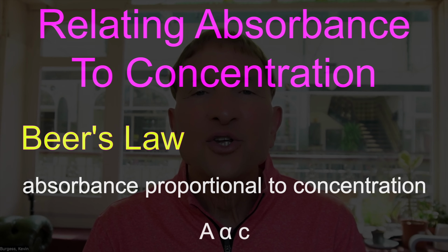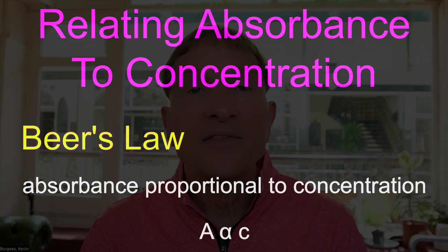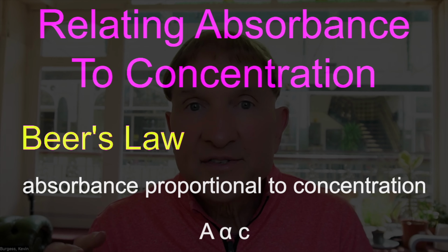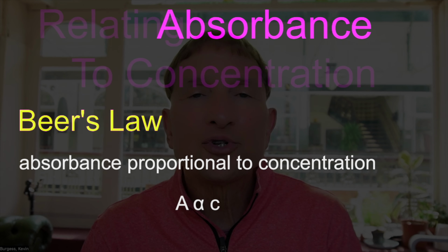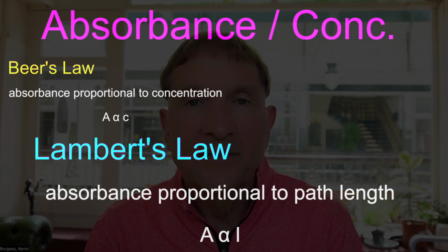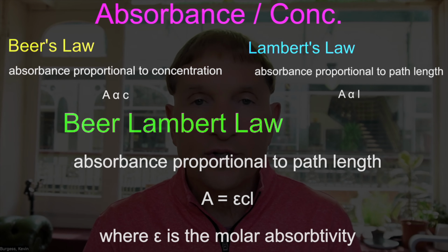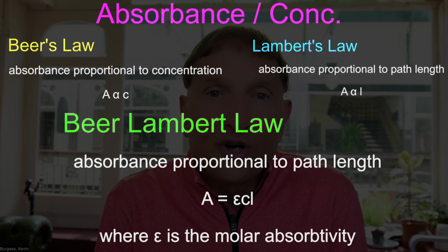First, absorbance is proportional to concentration. That's Beer's law. Second, absorbance is proportional to the path length that the light travels through. That's Lambert's law. Together, these two laws form the Beer-Lambert law.